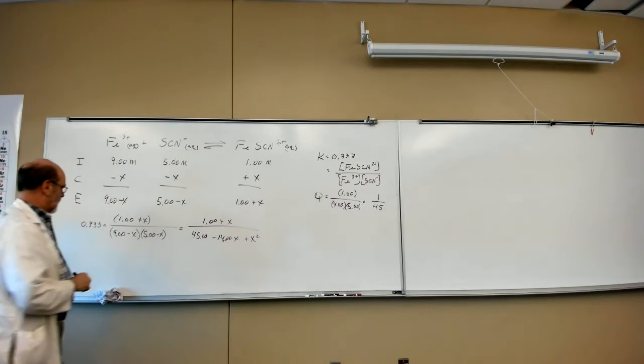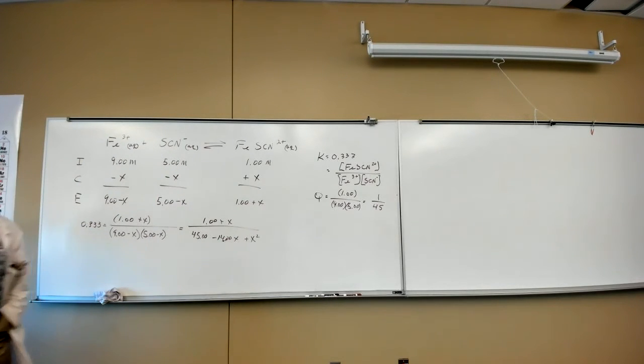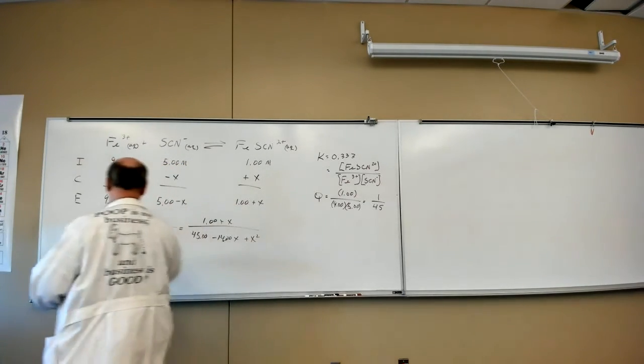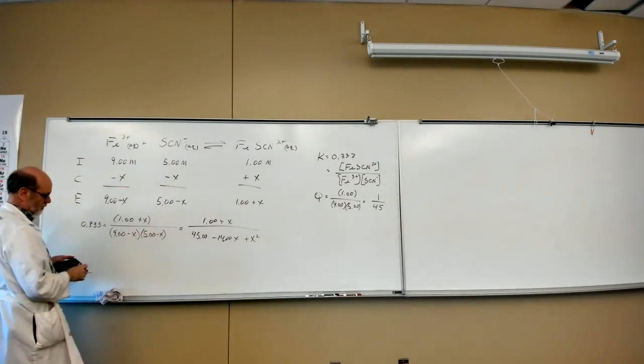And then a third of each one of these, because K is 0.333 times those.